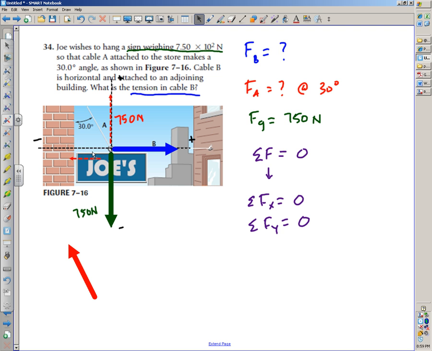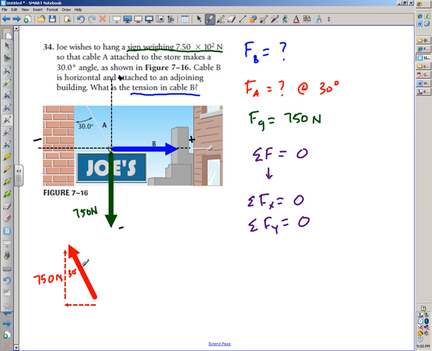Now, we don't know what this x component is yet, but we can start making ourselves a triangle that looks something like this. We know that that component is 750. We don't know what this component is, but we do know that this is 30 degrees. Now we've got a side and we've got an angle, so we can figure out what the other side is.